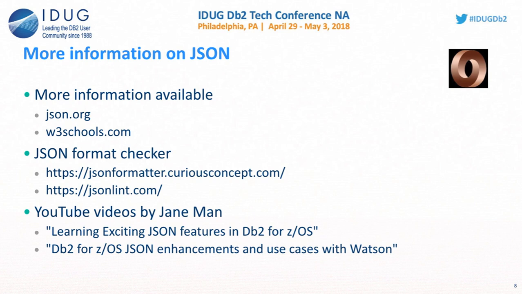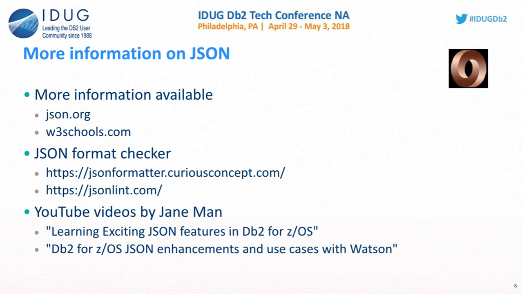If you're looking for more than just the basics, I've got a couple of websites up here, json.org, which I've used some of their information in this presentation. W3Schools has some good information on this too. If you're looking to check your JSON format, DB2 has its normal error handling to show you if you're trying to build something that it doesn't understand in JSON.